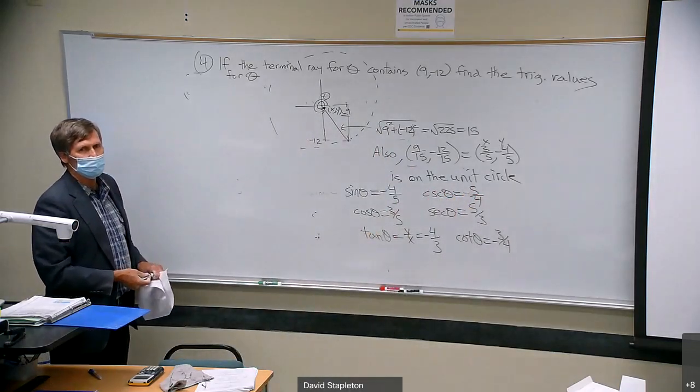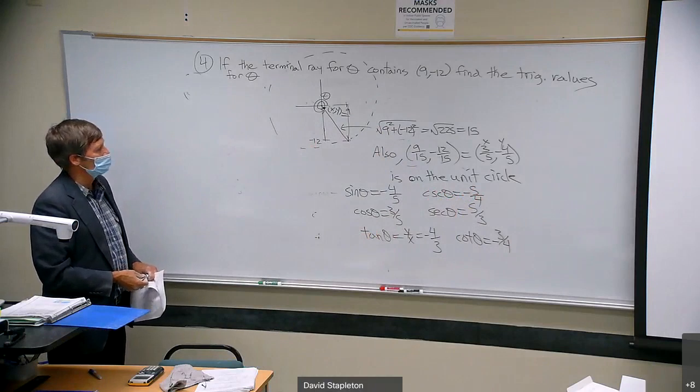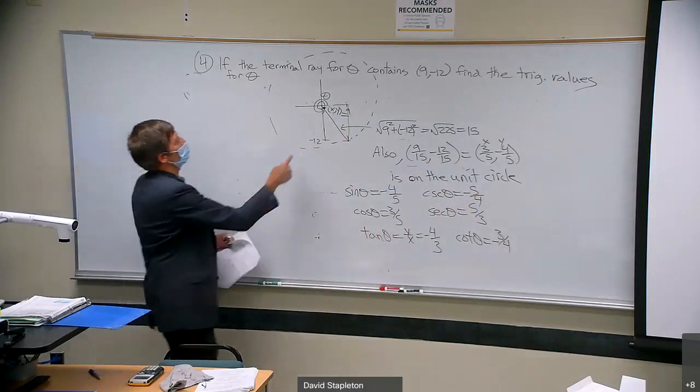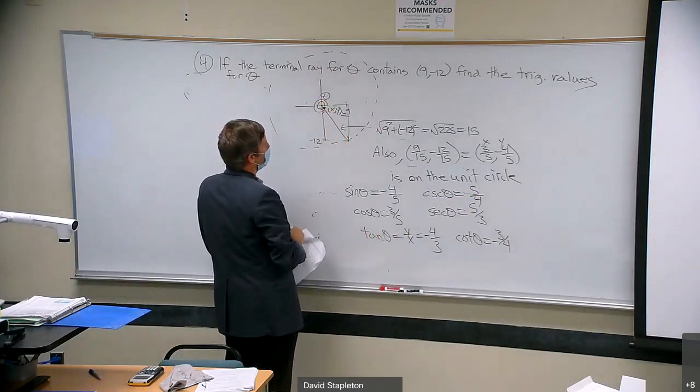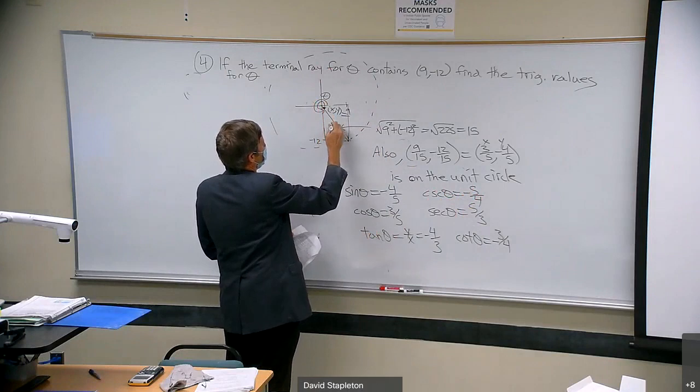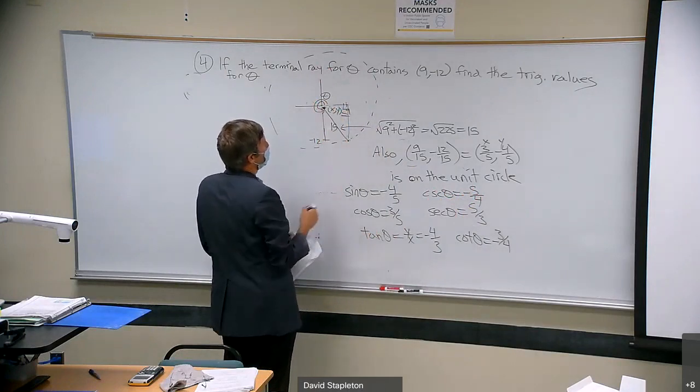So the square root of 225 is 15. What does that represent? That represents the radius of this circle. If you take the terminal ray out to here and say this point is on a terminal ray, you can think of a circle of radius 15. You get it by this right triangle here, 9 by 12 by 15.